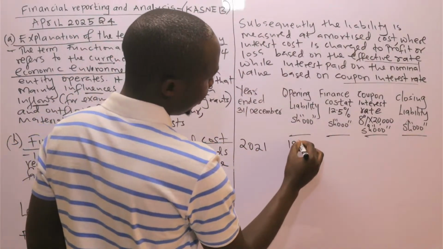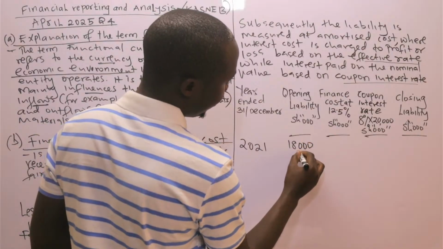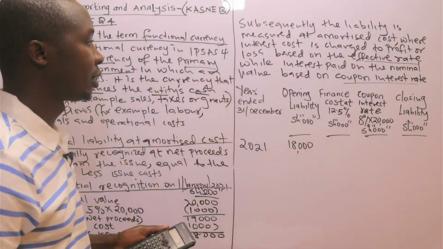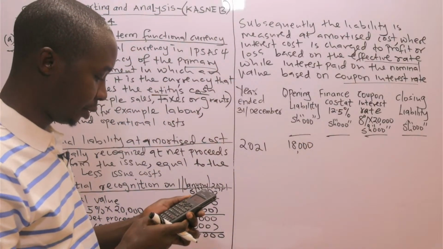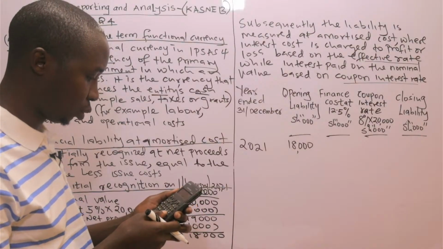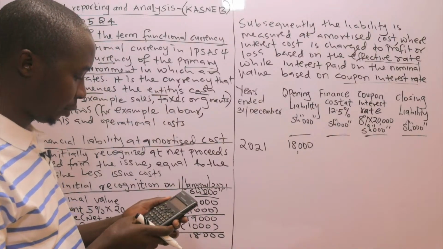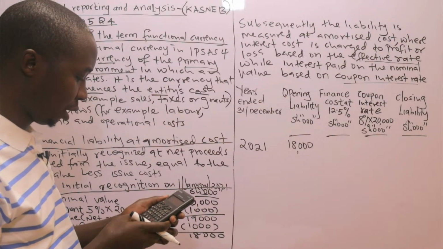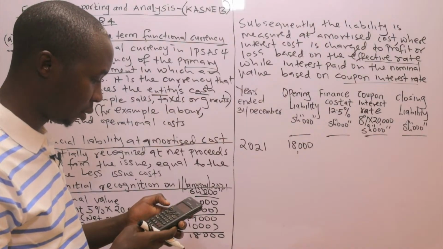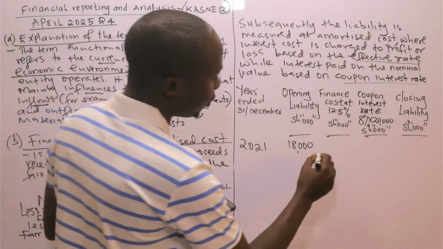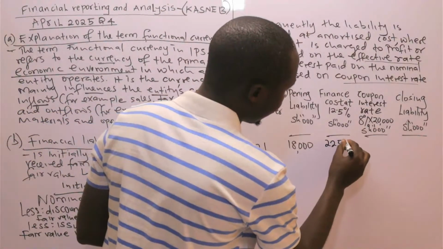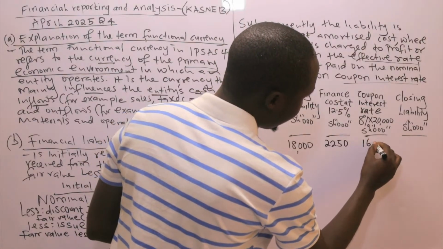So we have the 18,000. Finance cost at 12.5%, so that is 18,000 times 12.5%, which is 2,250. And this one is 1,600.